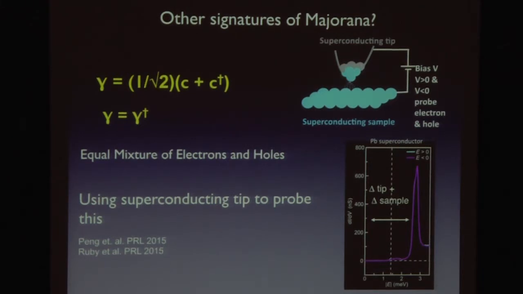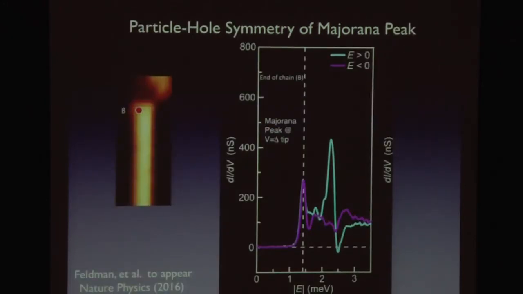But it turns out that if you have a Majorana happening in your sample, this would happen at an energy corresponding to the gap of the tip, not at zero energy. And the measurement done at one bias and another basically gives you a measure of the ratio of these two components. So here's the experiment. You use a superconducting tip.